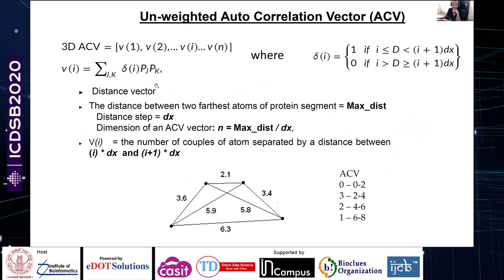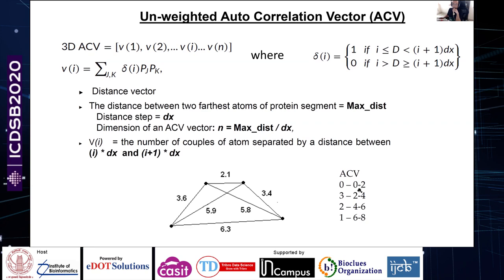If we forget about all the formulae written above and just focus on these points shown here, assume that you have a small segment and these are the C alpha atoms in three-dimensional space. Essentially, you find the distances between all the pairs, and then you decide what will be the span or the bin for your vector. For example, 0 to 2 angstrom, 2 to 4 angstrom, 4 to 6 angstrom, 6 to 8 angstrom.